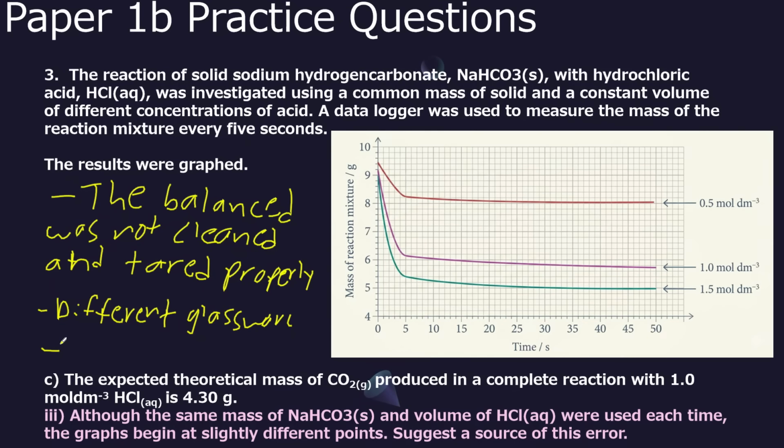Could be time stop and start error. You have to hit a button usually to start and stop this. It's a bit of reaction error. Any of those I think would be fine, and any other reasonable ideas you have, probably fine as well.